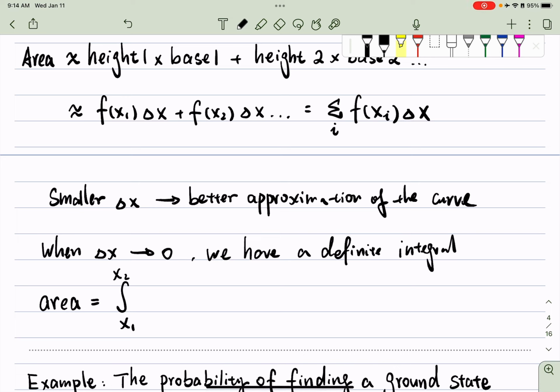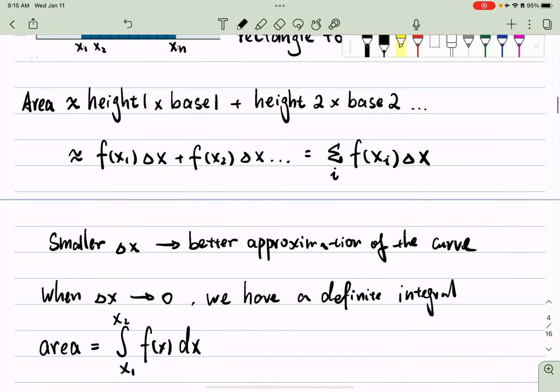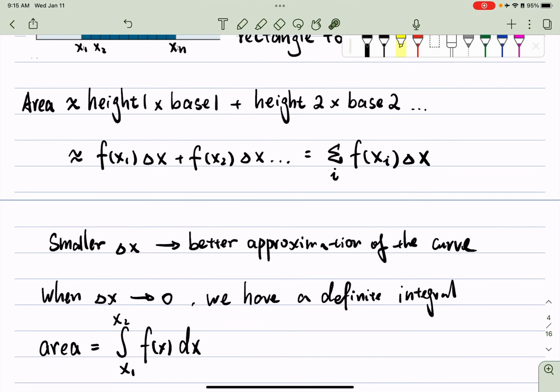We call it a definite integral because we know exactly what we're talking about. We're talking about the region between x1 and x2, and f(x) dx. So that's the idea of the integral. We're just trying to use the integral as a tool to estimate the area below some kind of curve. So that's derivative and integral.